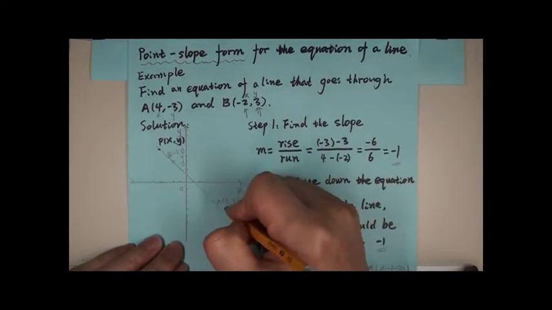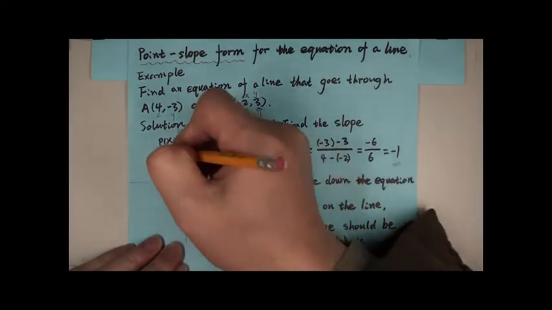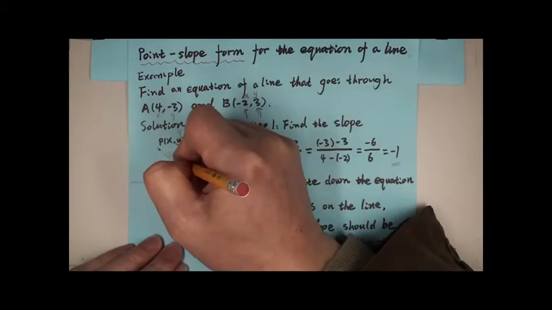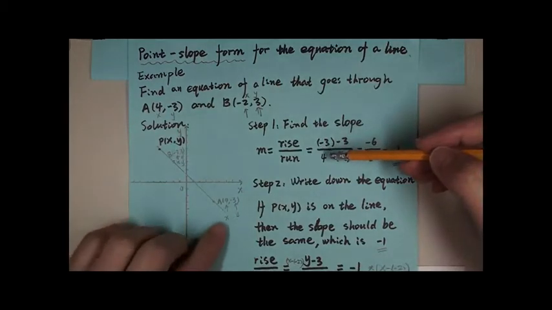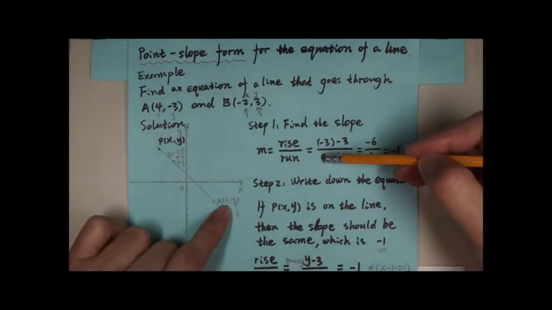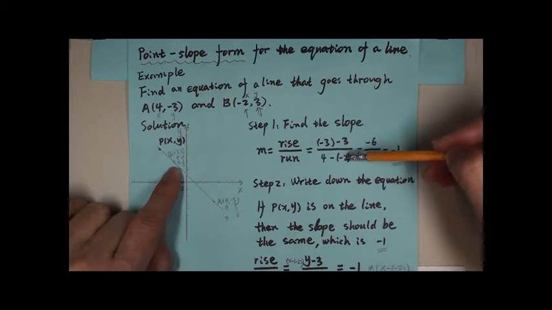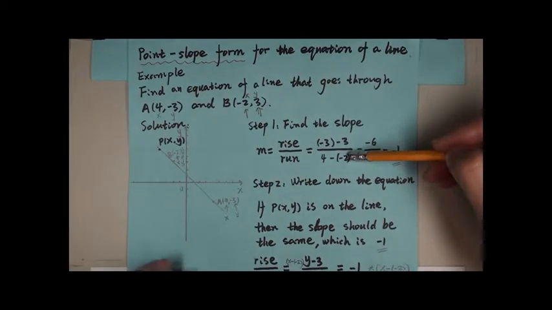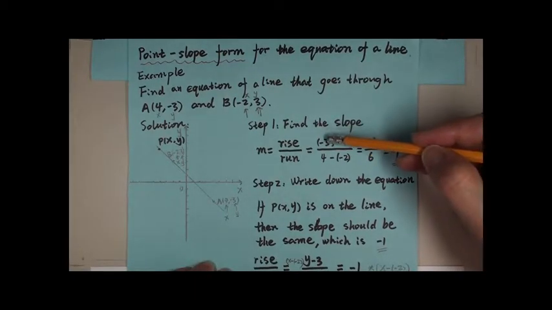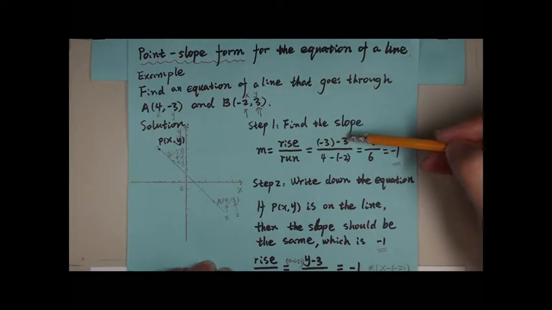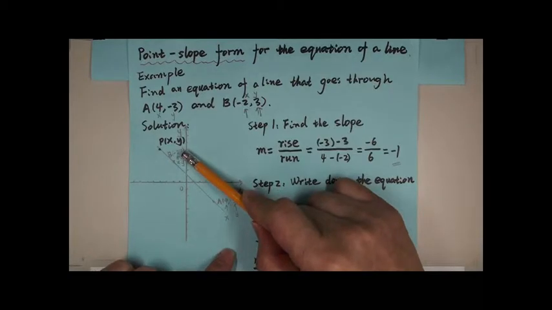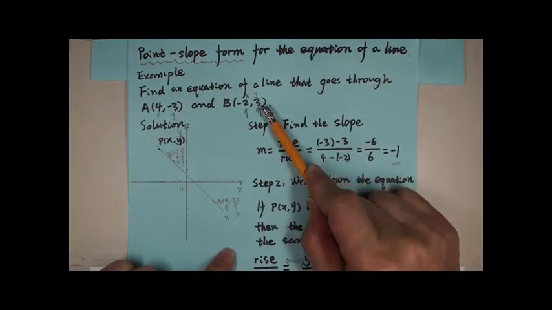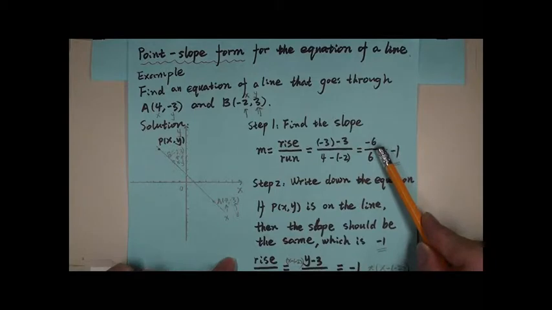Here is x, and here is also x. Then 4 minus -2. So we have -3 minus 3, this -3 minus this 3. You got -6.